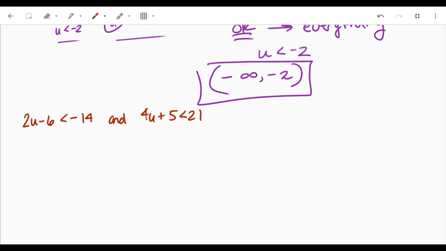So taking your first one, 2u would be less than -8, so u is less than -4. And your second one, 4u is less than 16, so u is less than 4.